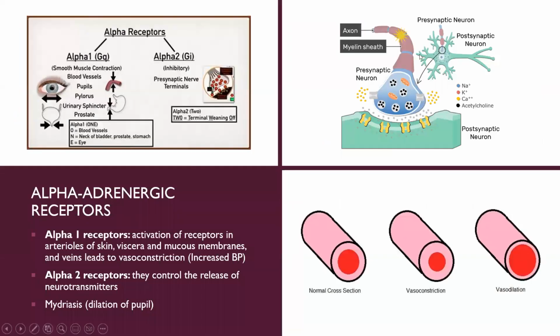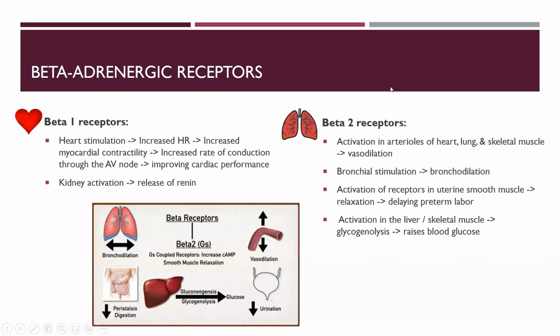So if we're looking at this neuron here, what happens is the release of the neurotransmitters allows me to actually have that heart stimulation. So all of this happens very naturally. That's why it's the autonomic nervous system, because I can't really control my heart rate. It just takes place. The other thing that it does is the kidney activation. So it also can release renin.